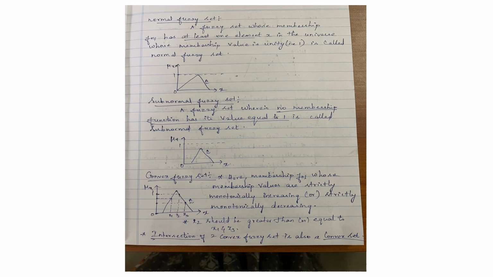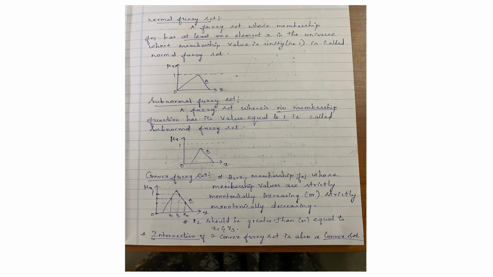Now, what is the normal fuzzy set? A fuzzy set whose membership function has at least one element x in the universe whose membership value is unity, that is 1, is called a normal fuzzy set. We have found the fuzzy set, right?